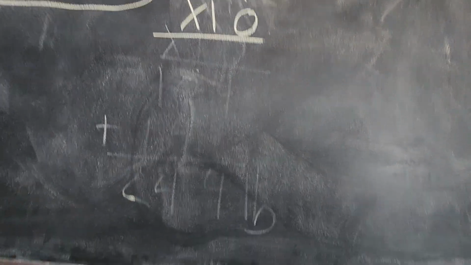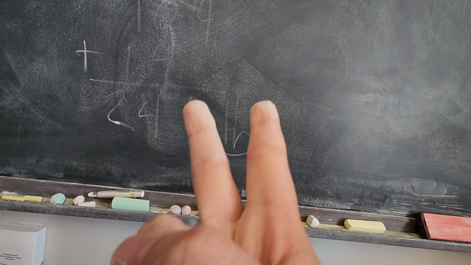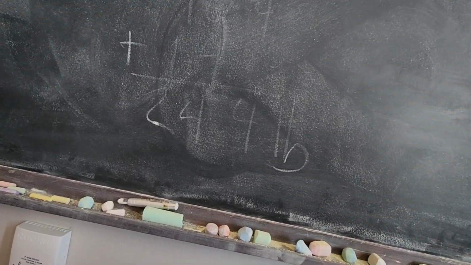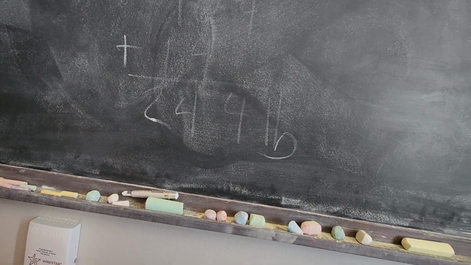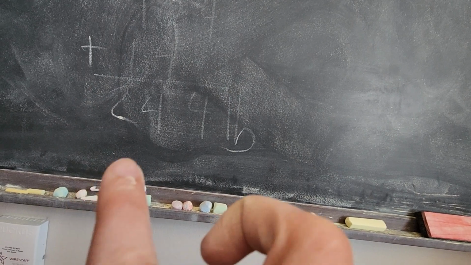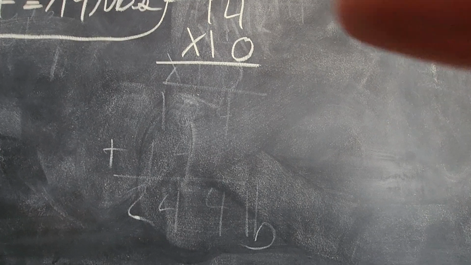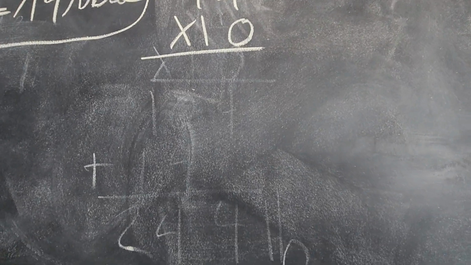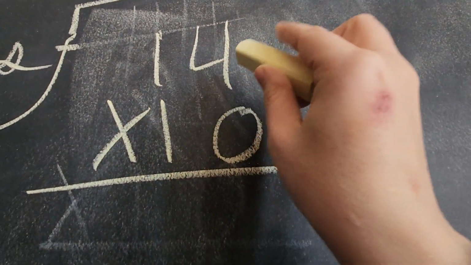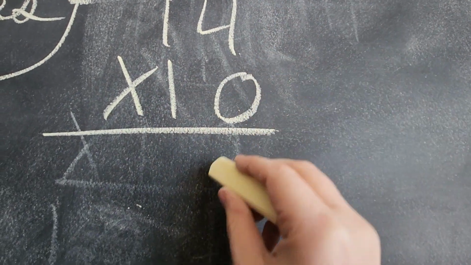Now, if you have 2 and you multiply it by nil, you still have 2. But I don't know how that works. No, if you have a number and it's multiplied by 1, then that's still that same number. If you have a number and you multiply it by nil, I think it's nil, but I don't know why. That's if I'm remembering this correctly. I haven't done this in a long time. So 4 times nil, we'll say that's nil.